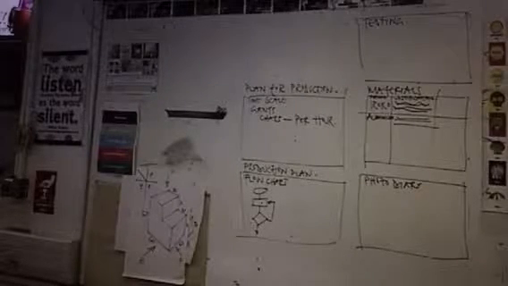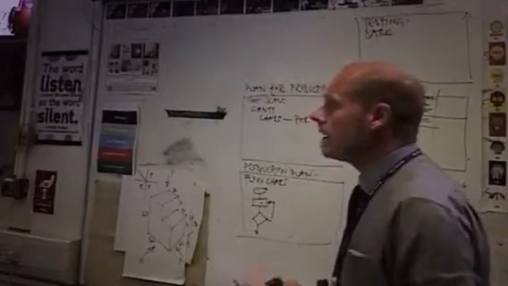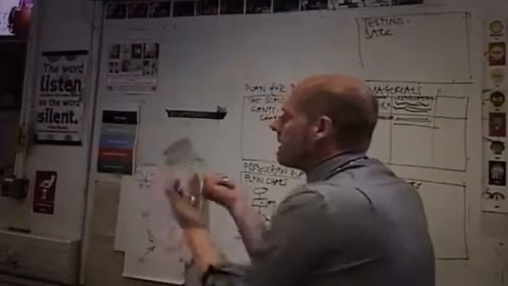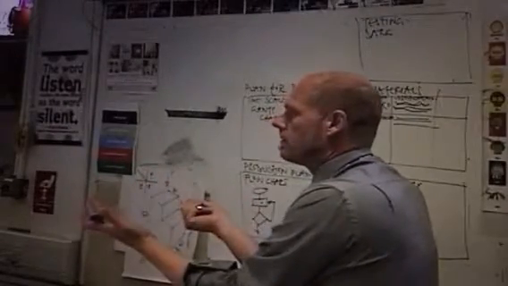Vince, where would you test it? In the dark. Okay. So you're going to test it in the dark, right? How would you show that you've tested it in the dark? Okay. So a dark picture.